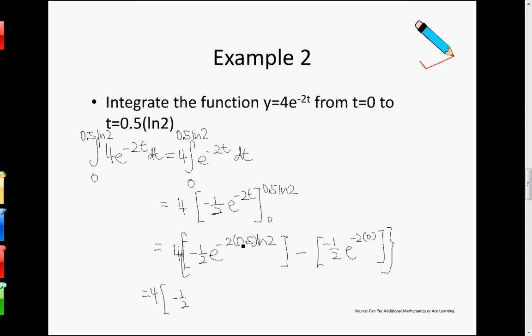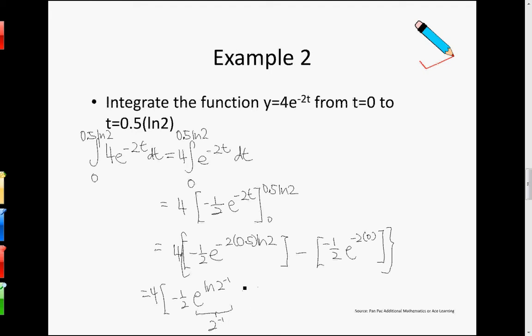So e to the power of negative ln 2. So negative half e to the power of negative ln 2 is just e to the power of ln 2 to the minus 1. Am I right? And this e to the power of ln 2 to the minus 1 is just 2 to the power of minus 1.